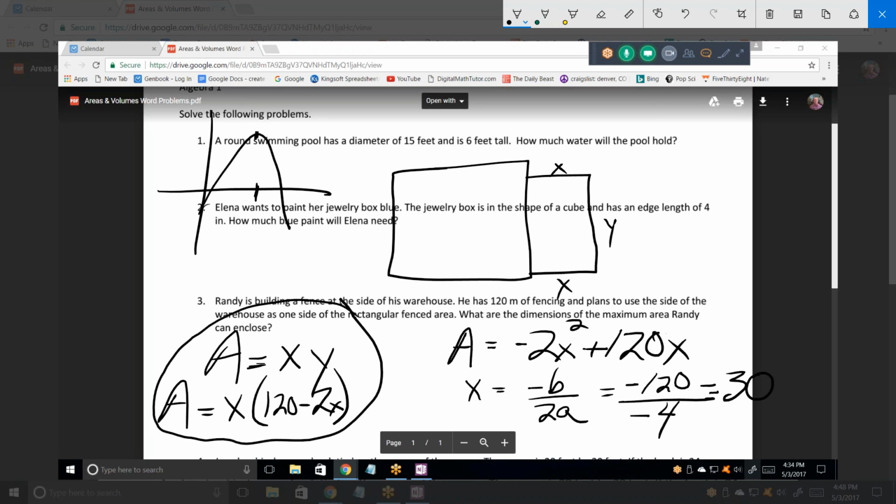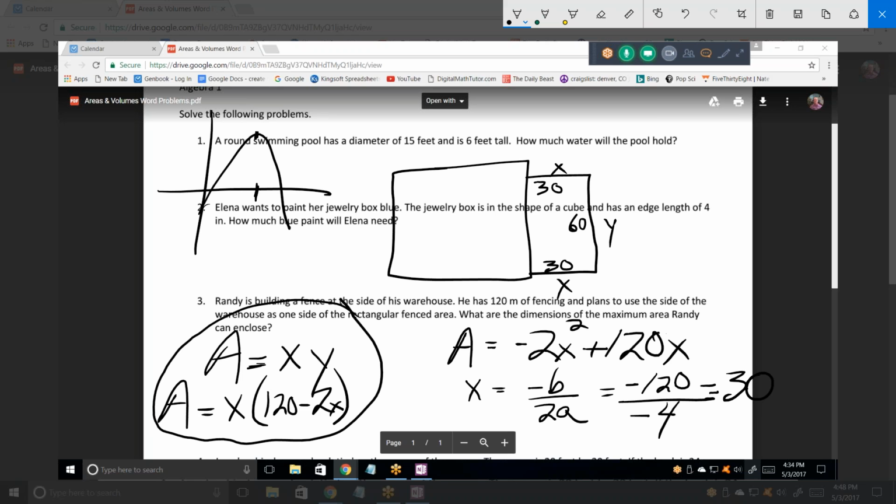I have an x of 30. That side has to be 30. That means that dimension is 30. And since 120 is the whole thing, that side has to be 60. So the moment you solve for x, you're basically done. The rest of it solves itself in terms of the total dimensions of the fence.